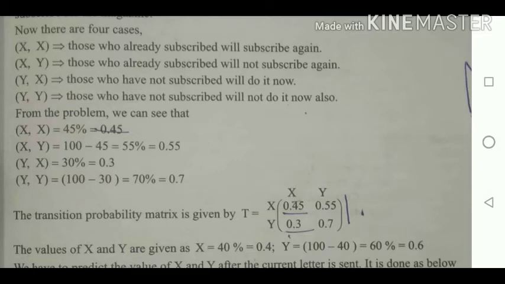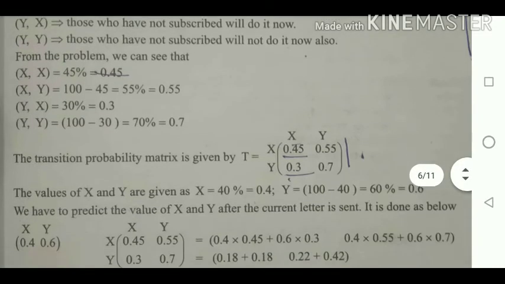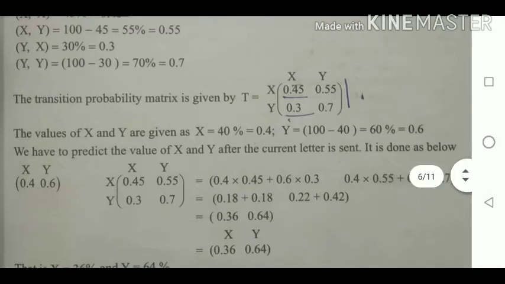If you find this transition matrix, then it is very easy to solve this problem. The value of X is 0.4 and Y is 0.6, it is given in the problem. Multiply these values by this transition matrix.